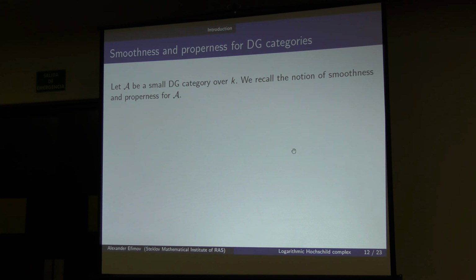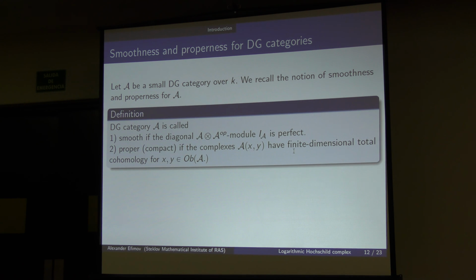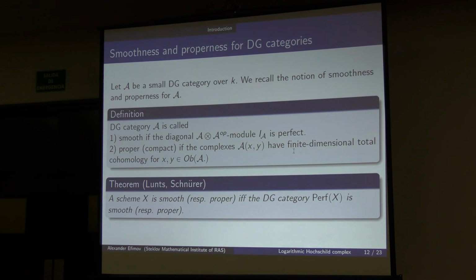Now I just recall the abstract notion of smoothness and properness for DG categories. A DG category is smooth if the diagonal bimodule is perfect, and it is proper if the complexes of morphisms have finite dimensional total homology, which means that they are perfect over the base field.